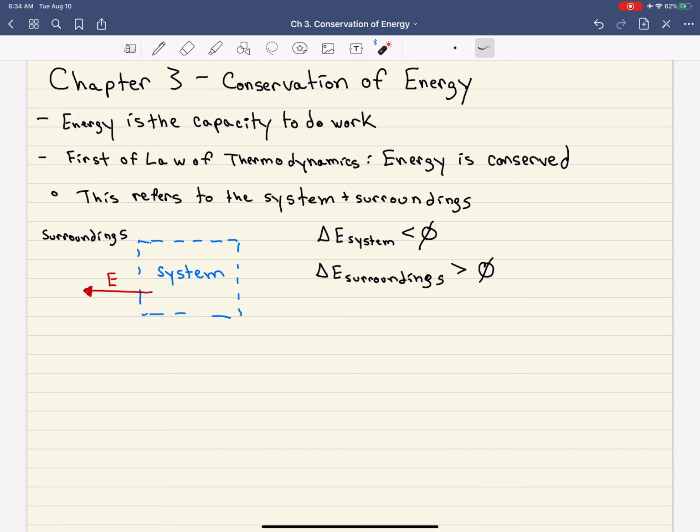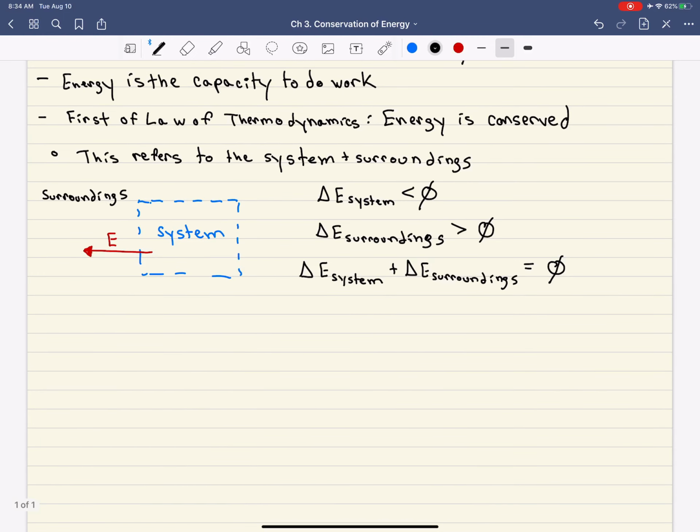But based on the first law of thermodynamics, we know that the change of energy of the system plus the change of energy of the surroundings need to be balanced out. If you add these two delta E's together, they would sum up exactly to 0. And so that's what the first law of thermodynamics is telling us.